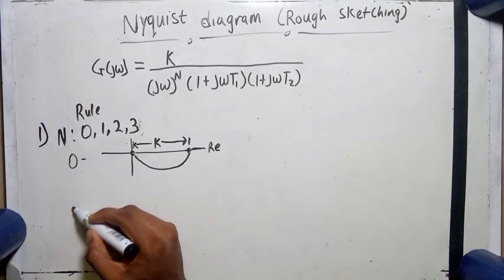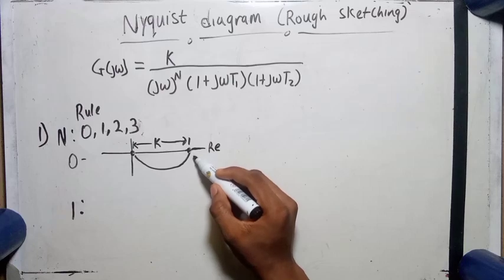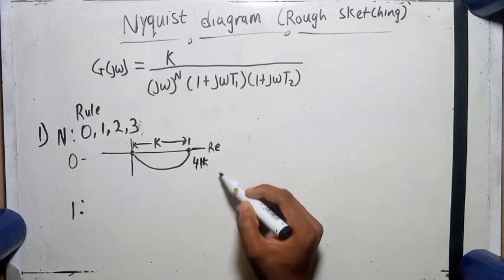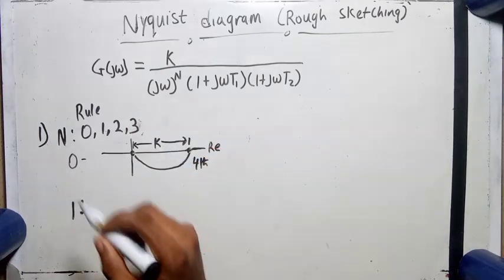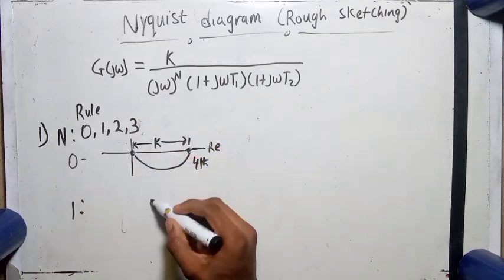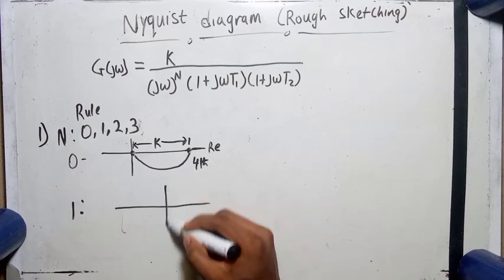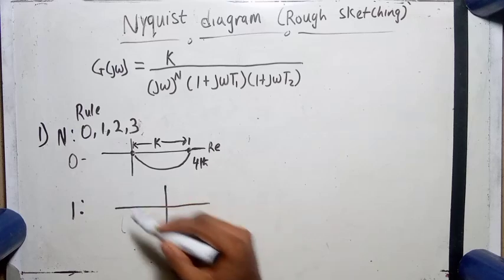Now for 1, on the other hand, we call this the fourth quadrant. So from the fourth quadrant, you start making your curve. But for 1, on the other hand, you have to start from your third quadrant, around this place, but you won't start from the imaginary line or from the real line.